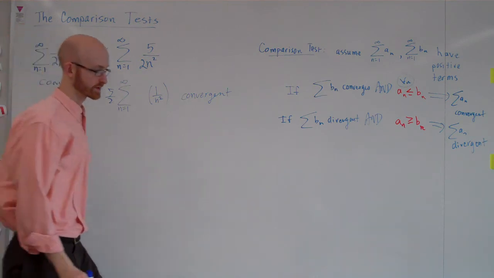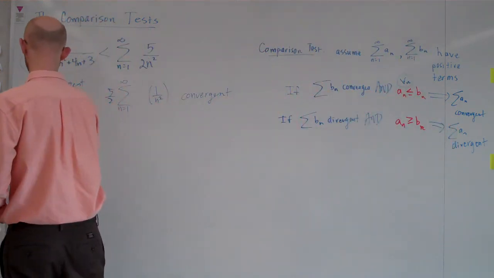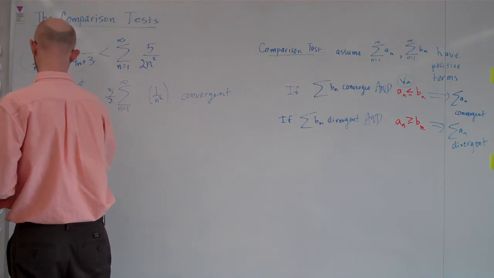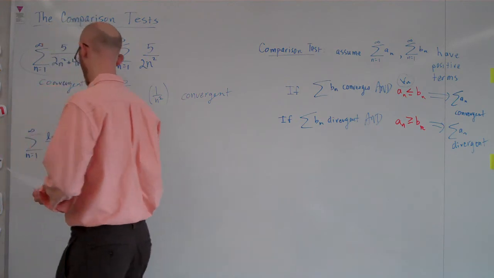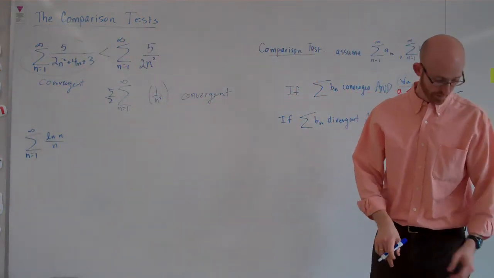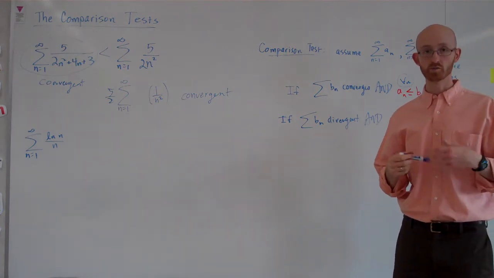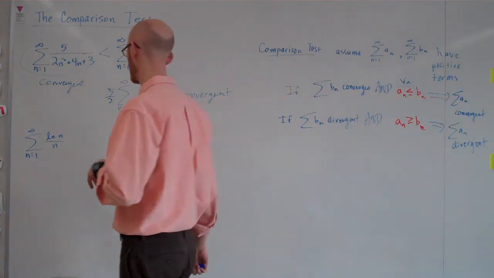Okay. So let's do another example. Natural log of n over n. Okay. This one is definitely not going to immediately appear clear to everyone, but natural log of n over n.